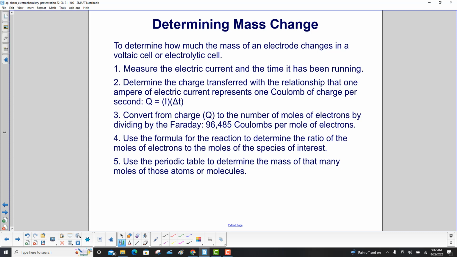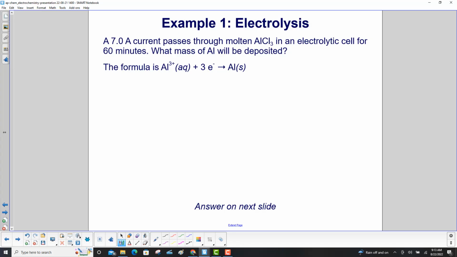Convert from charge to the number of moles of electrons by dividing by the Faraday, 96,485 coulombs per mole of electrons. Use the formula for the reaction to determine the ratio of the moles of electrons to the moles of the species of interest. And finally, use the periodic table to determine the mass of that many moles of those atoms or molecules. Let's work a problem.